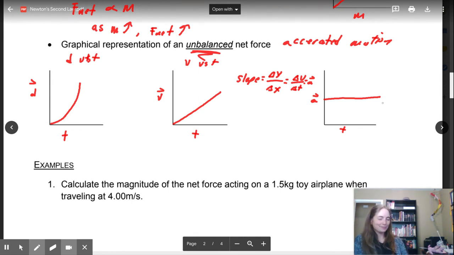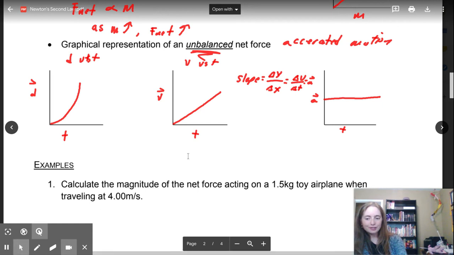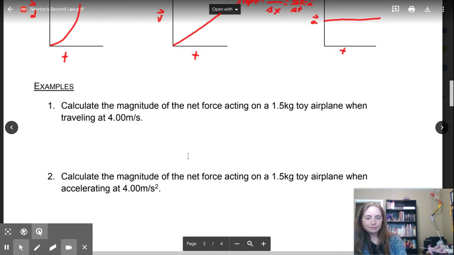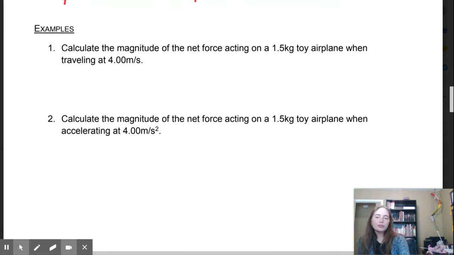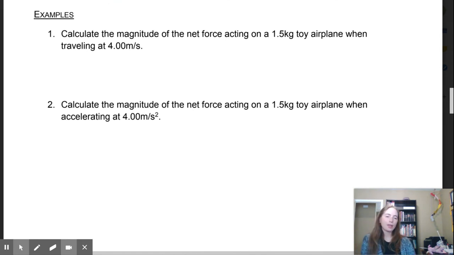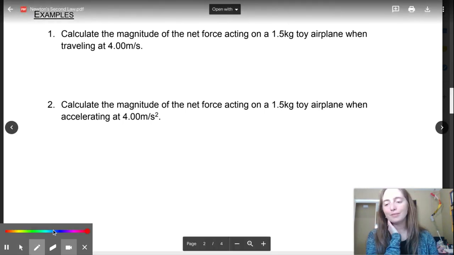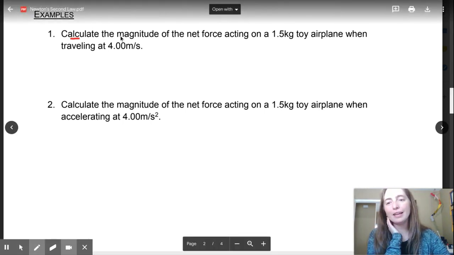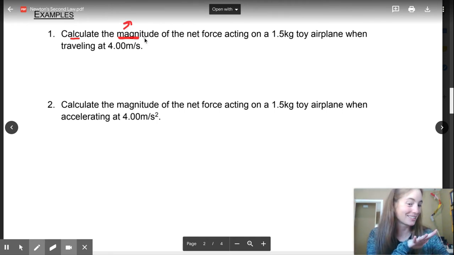All right. So let us look at our calculations. So we've got two that are fairly straightforward here. And yes, they're pretty much the same, but there are only actually like two words and one number that are different here. Okay, there's a trick to it. So ladies and gentlemen, calculate the magnitude. Now this is a key piece. This is a really nice thing.